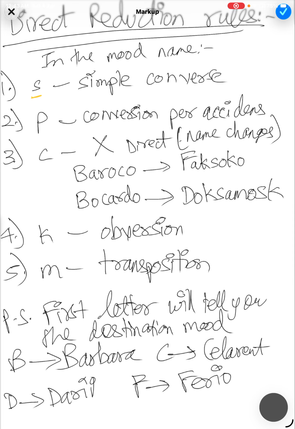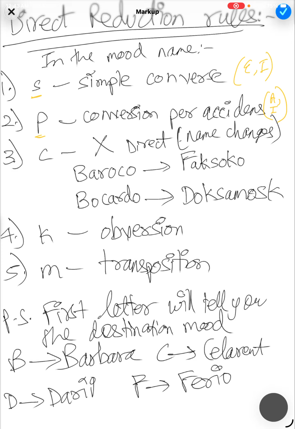Next rule is if you have the letter P, you again do converse, but it's conversion by accident. This is only applicable when you have A or I. So if you have A, you make it I. If you have I, you make it A. And simple converse will be for E or I.